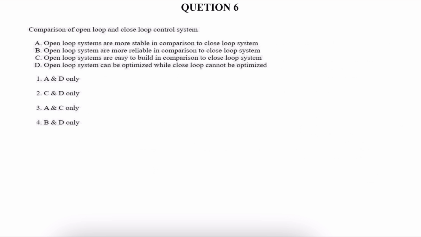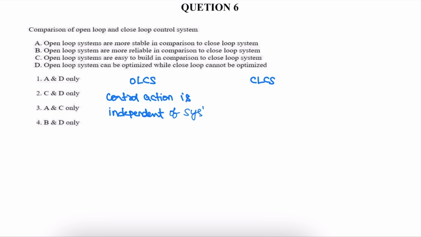Next question. Comparison of open loop and closed loop control systems. In open loop control system, the control action is independent of system output.